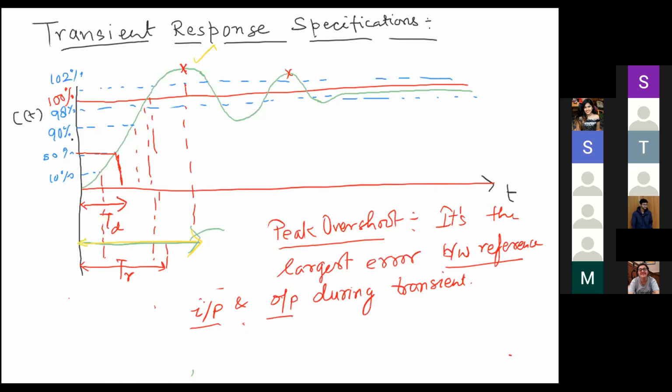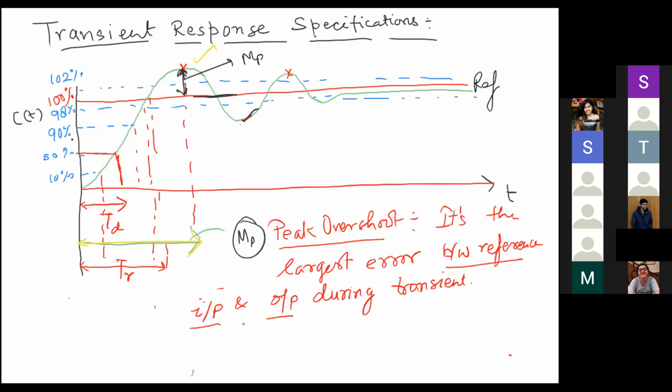This one is an output performance and this one is the reference that we need at 100%, and this is the actual output, and the largest error is this one. So this is known as peak overshoot, which is denoted by MP.